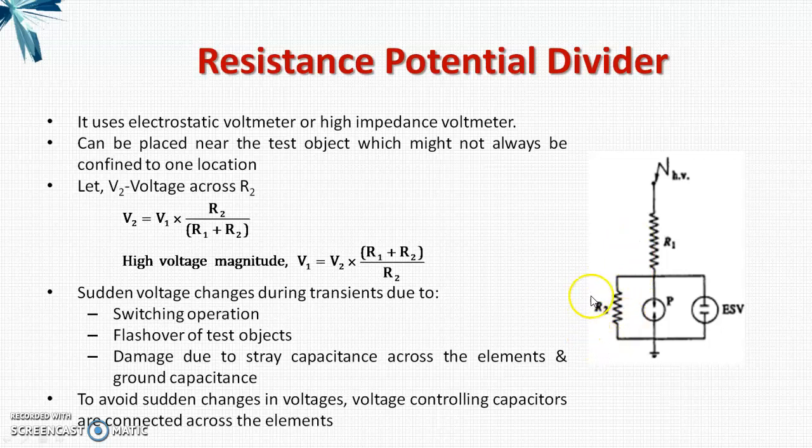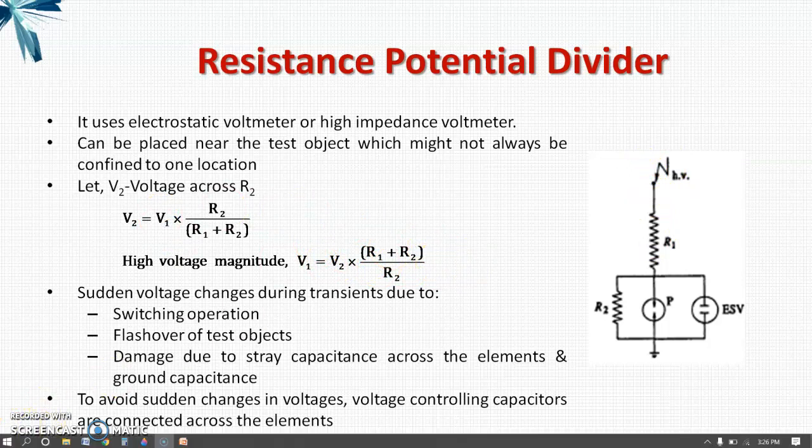Then only the voltage V2 is measured. The voltage across the resistance R2 is measured with the help of ESV. The voltage across the resistance R2 is given by this equation. Then finally you may find the high voltage magnitude V1 in terms of V2 by using this equation.